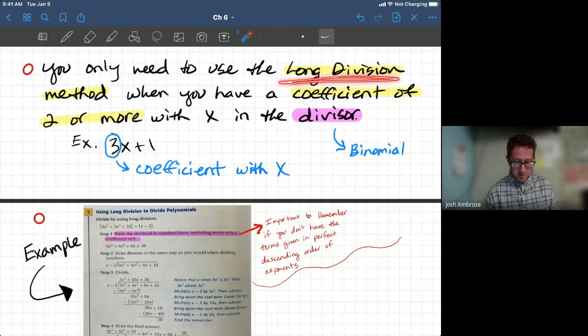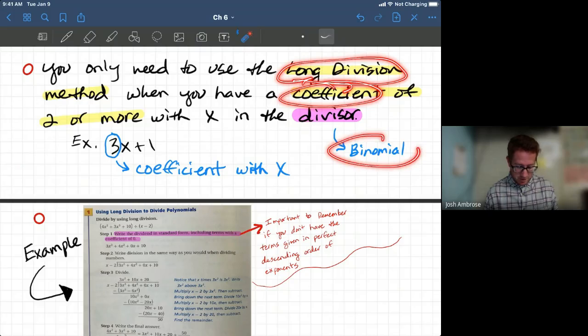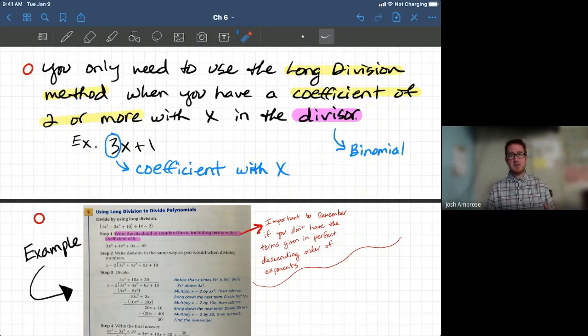Then you will be using the long division method. Now, when this video is done, I think you're going to prefer the synthetic division method, definitely a lot more. But there are times when synthetic division is not going to work well for you. So long division, when the coefficient of the binomial is 2 or more, all those things that we circled there, that's when long division needs to happen.